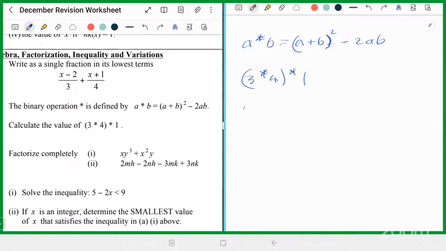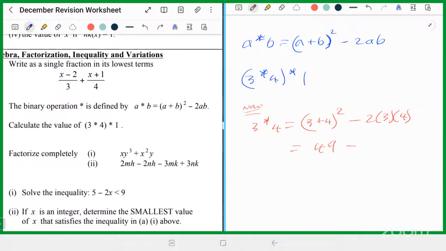So now 3 star 4 equals, what do we do? We add them and square. It's (3 plus 4) squared minus twice the product of the 2 of them. Twice the 3 times the 4 equals. Now that's 7. 7 squared is 49.